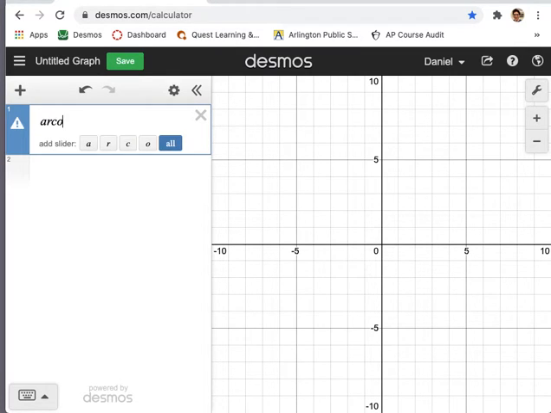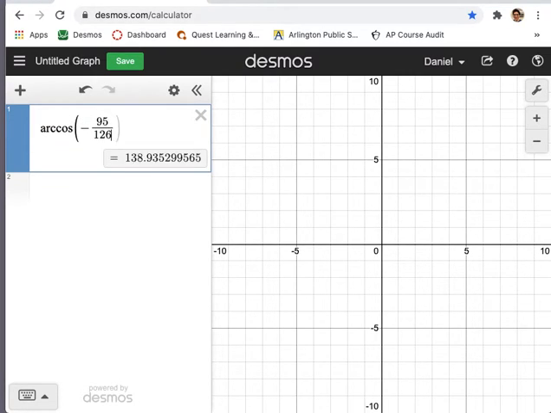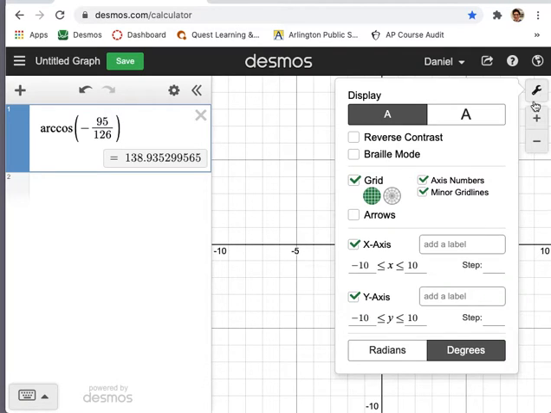Arc cosine, and remember, arc cosine is tricky, there's 2 C's in there. Arc cosine of negative 95 over 126. That is 138.9 degrees. Keep in mind that you do have to do a quick check. Make sure you're in degree mode.